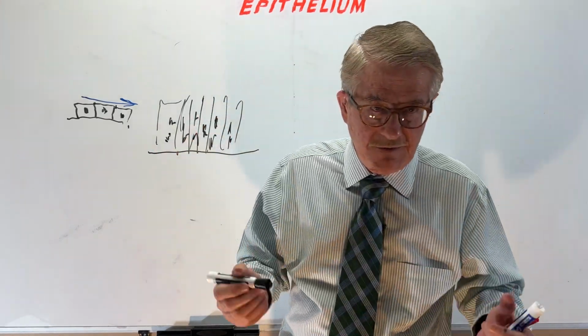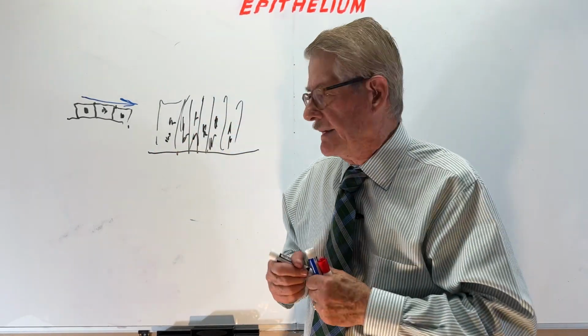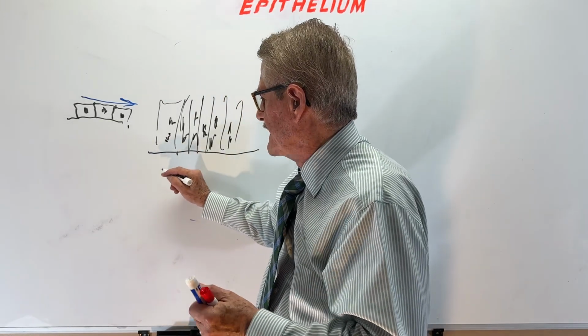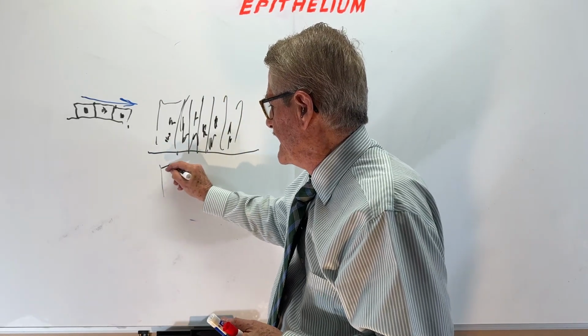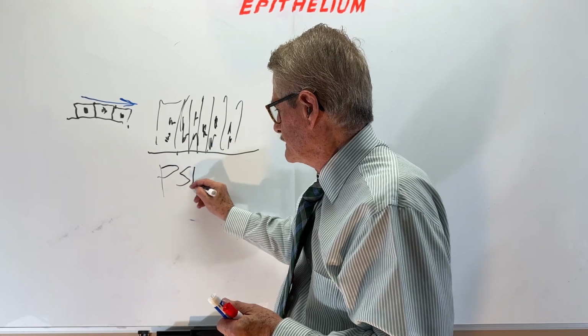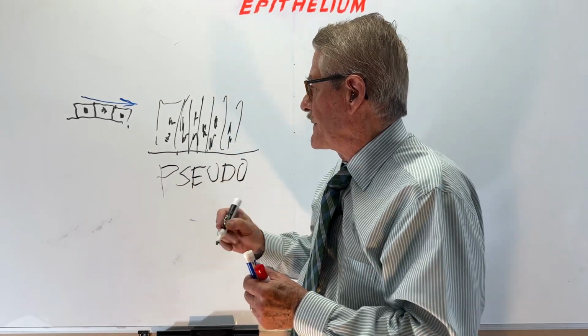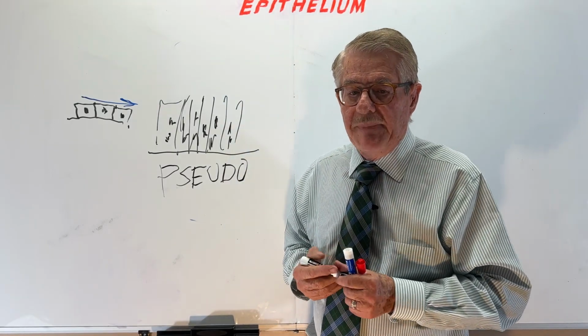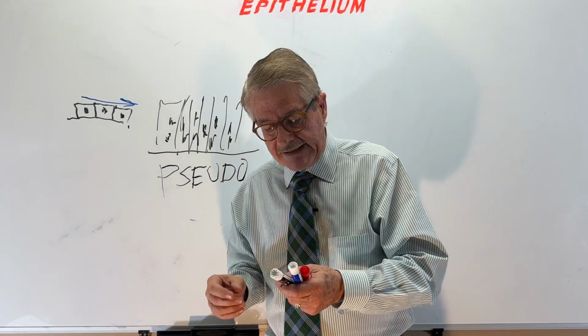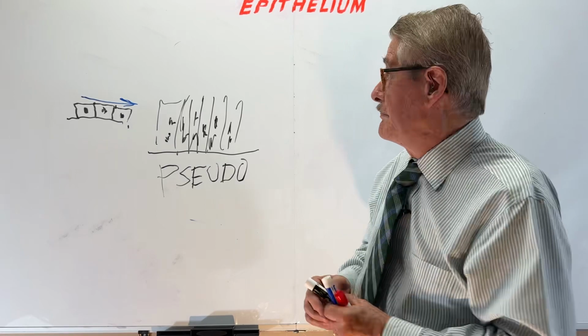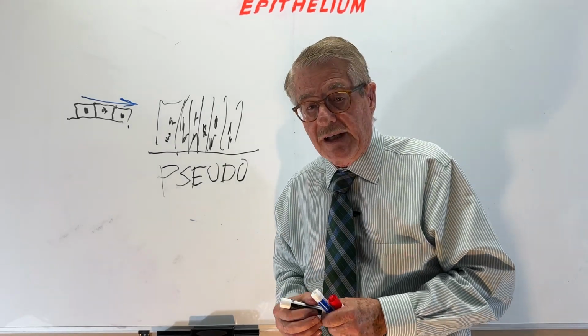No, since many decades ago, we understood that this is a pseudo-stratified columnar epithelium that also has cilia, not microvilli, but cilia.